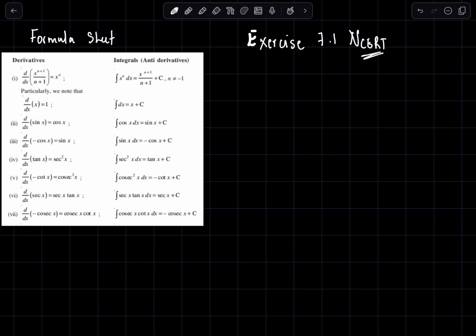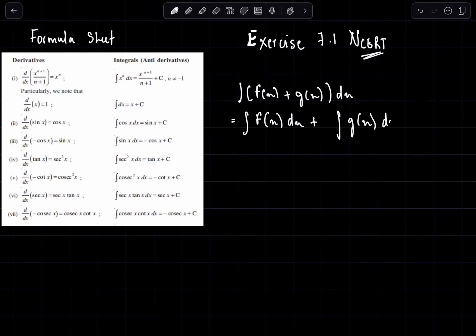property, for probability, which is integral of f of x plus g of x dx is equal to integral of f of x dx plus integral of g of x dx.